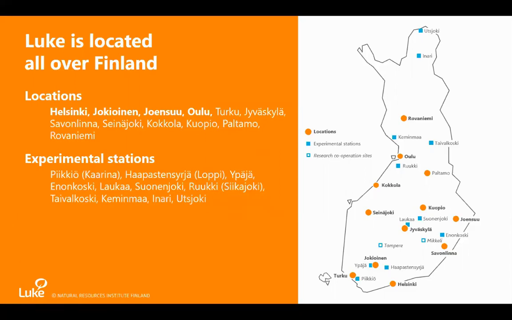But as you can see on the slide, there are also quite many other locations and many experimental stations. That's also because of the nature of our work dealing with the natural resources in Finland. We have to cover the whole map so we can cover all the research topics that Luke is working on.